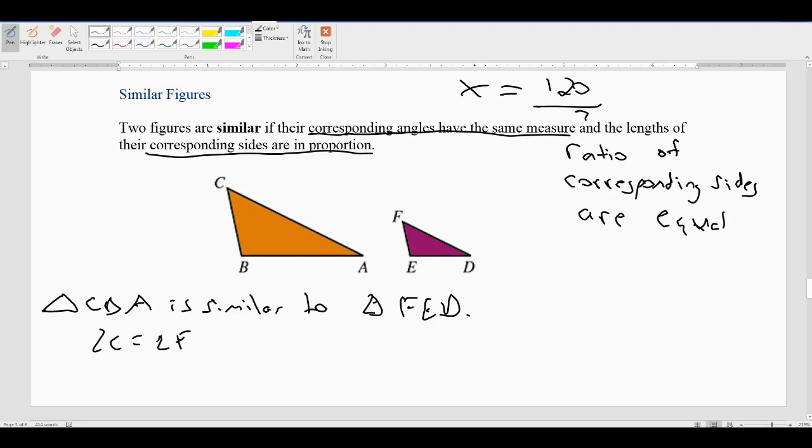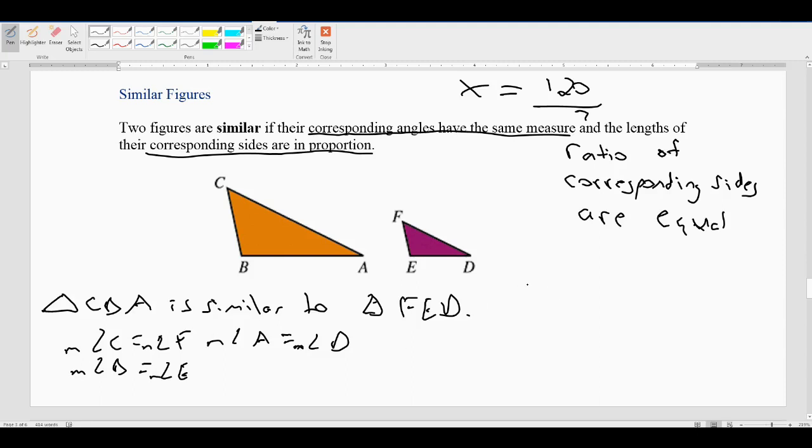The angle measures would be: angle B would be equal to angle E, and then the measure of angle A would be equal to the measure of angle D. I should be having M's in front of those, the measure. If I've made other videos where I didn't do that, please forgive me. But that's kind of the best way to write it.